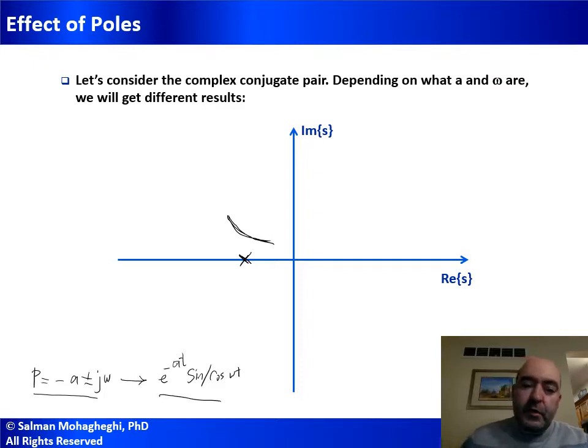Let's move this pole a little bit farther away from the j omega axis. So here the shape is going to be the same because again my omega is 0, meaning that sine of omega will be 0 and cosine will be 1. However, now my e to the power of minus AT has a term which is more negative. So let's say this is e to the power of minus 10t compared to the previous case which was e to the power of minus 2t.